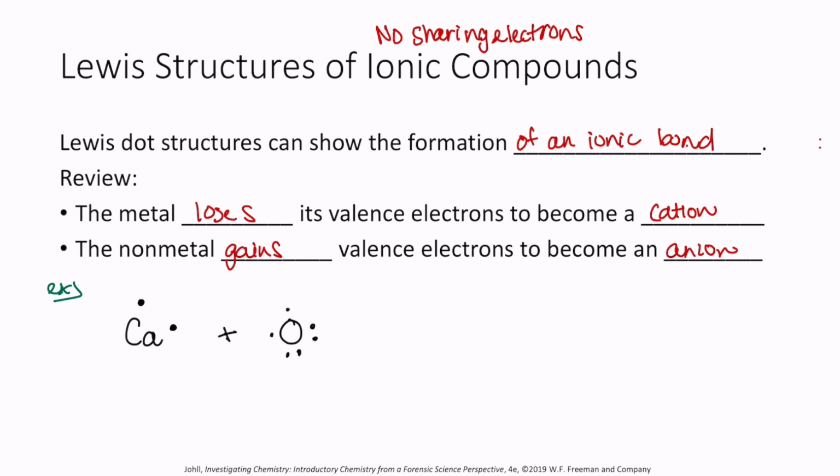In order to become a compound, calcium is going to transfer both of its electrons to the oxygen. And in doing so, it now doesn't have any electrons in its valence shell.